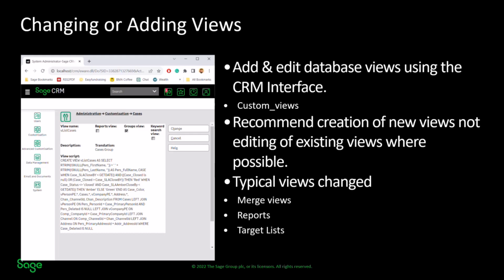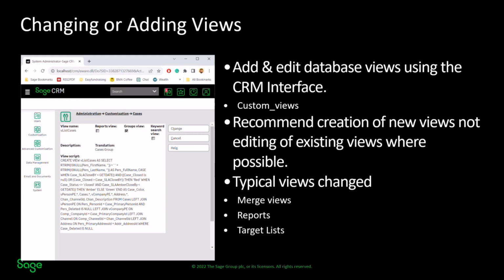Now, wherever you are doing work within the system, whether this is ahead of a new report, or you're going to create a new group, or a new version of a list for displaying under the context of a particular entity, then try to create your own views.